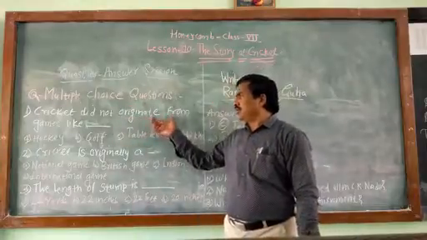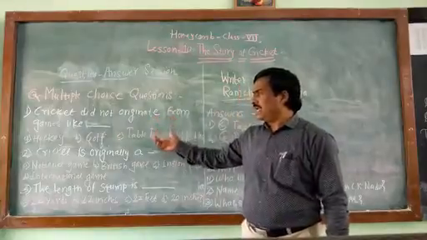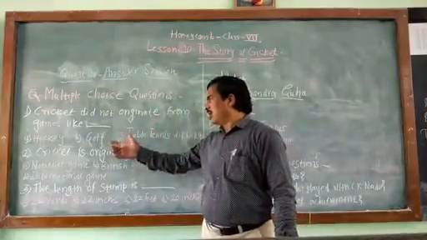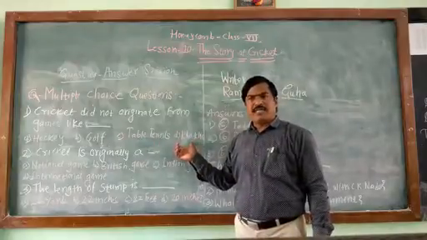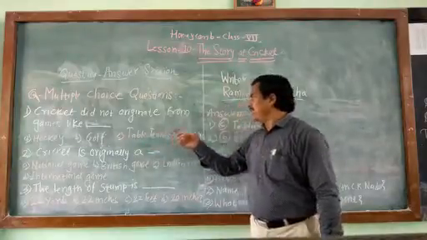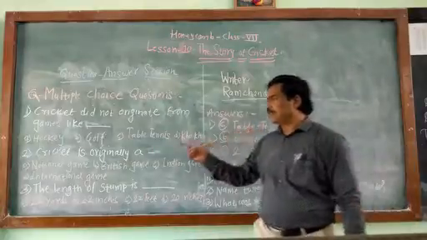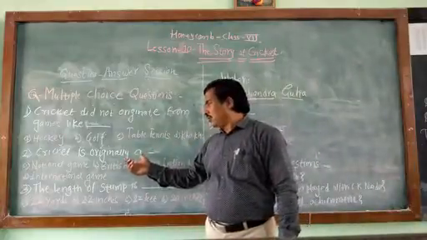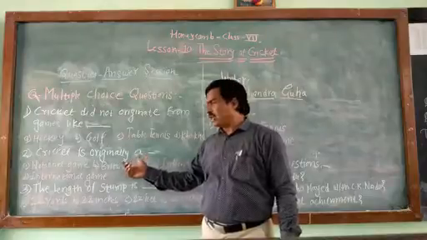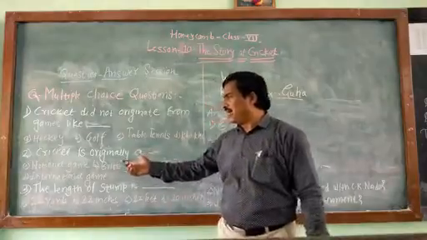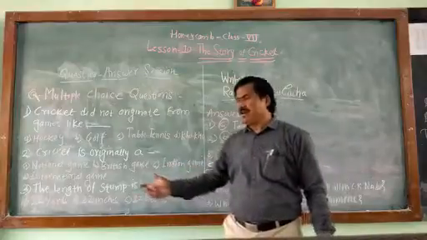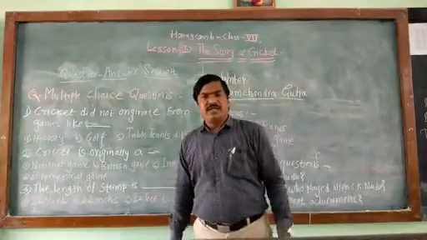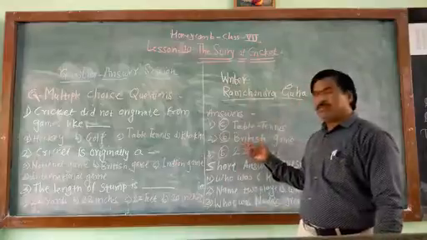Cricket did not originate from games like hockey, golf, table tennis or kho-kho. What is the correct answer? The correct answer is table tennis. Then, cricket is originally a dash. The options are national game, British game, international game or Indian game. The correct option is British game.